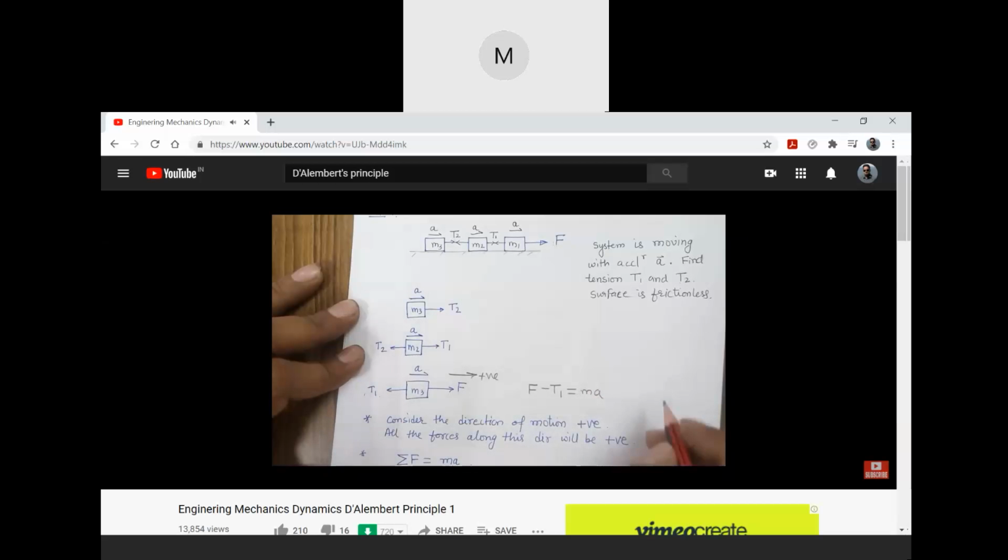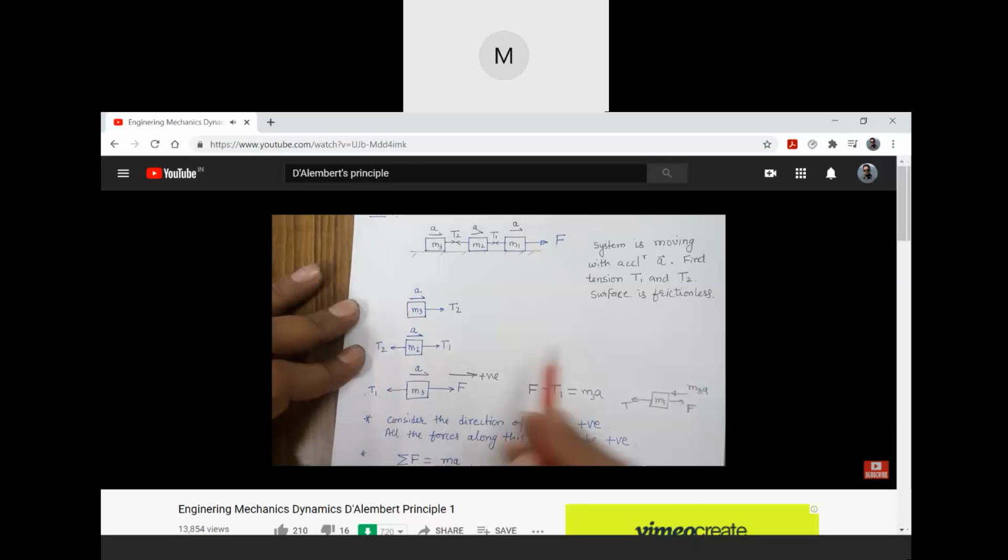Basically we are taking mass M3, and these two forces are acting on mass M3. Now we consider an additional virtual inertial force which makes the dynamic system an equivalent static system, and now I write the equation for this system. So we can say that F minus T1 will be balanced by M3A.